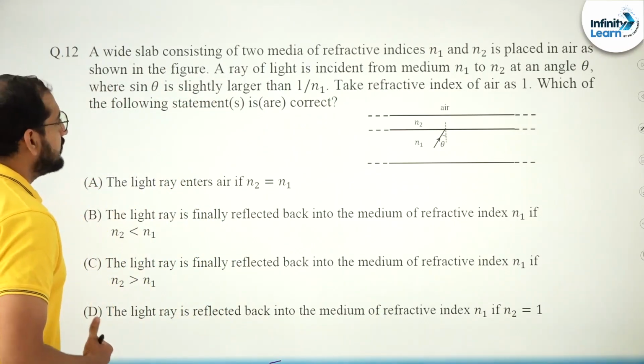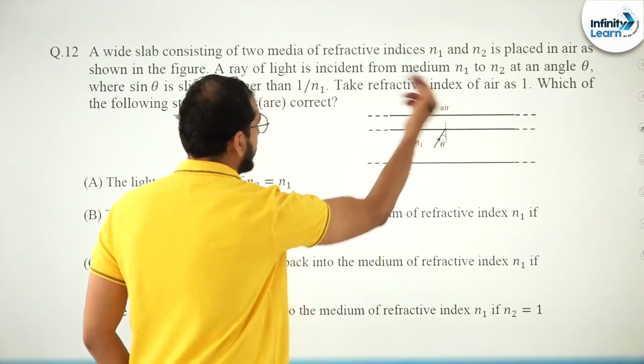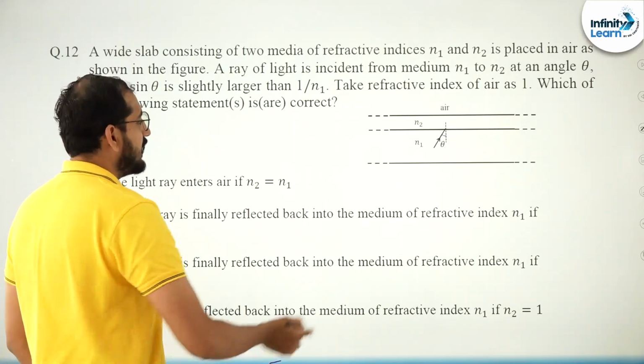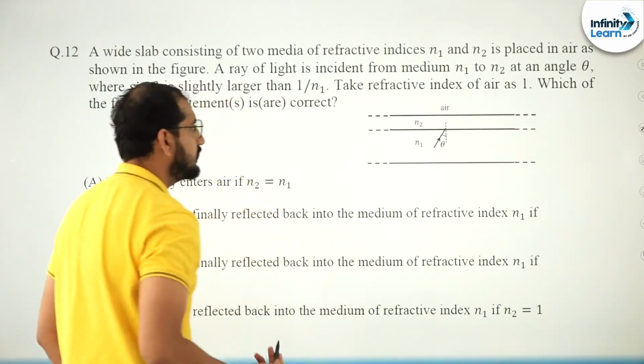So it is given that we have a combination of slabs here, N1, N2 and air. The refractive indexes N1, N2 are also given, and a light ray is going from N1 to N2, with theta as the incident angle.